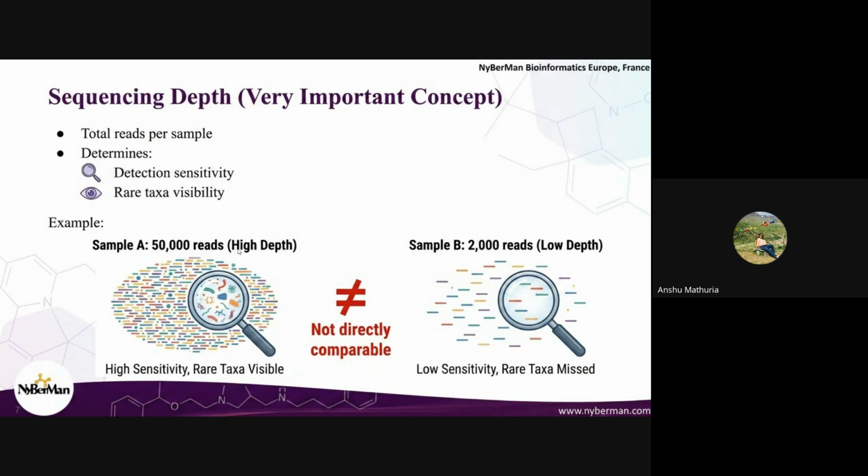Say sample A is basically spanning the Bacillus ones, and sample B is spanning the Streptococcus ones. This is a hypothetical example. I know that Streptococcus is more abundant, but when I'm sending it for sequencing, the depth that is coming for Streptococcus is very low. I'm not able to identify any more lower subspecies organisms for Streptococcus. But Bacillus has been sequenced very well.